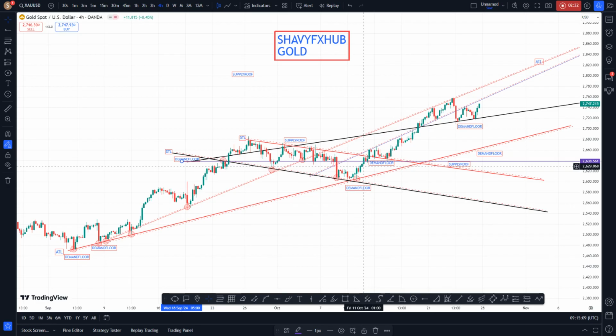So after the break of that structure, price came back and retested the ascending trend line. The ascending trend line here has a very strong structure which we call SR: support becomes resistance and break of structure.